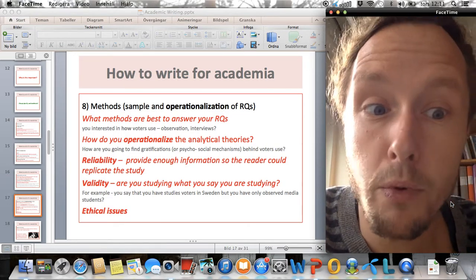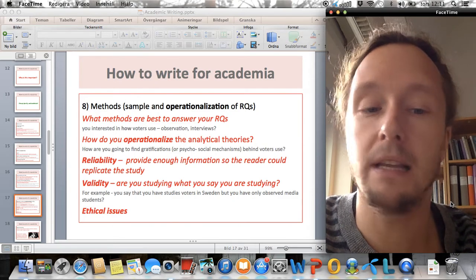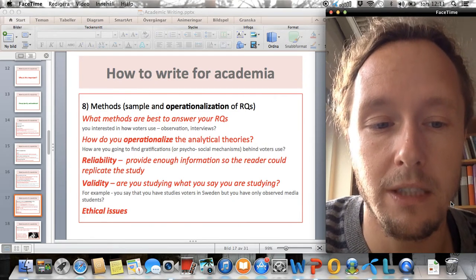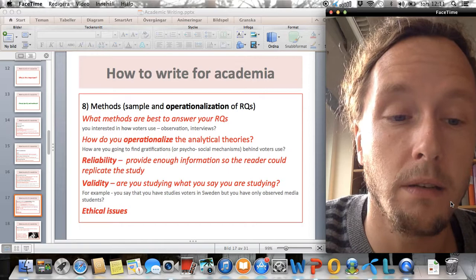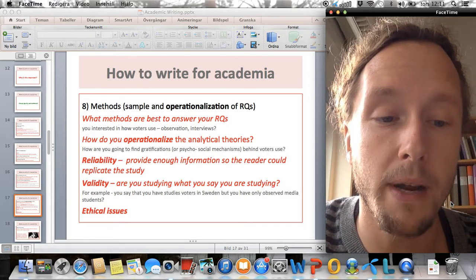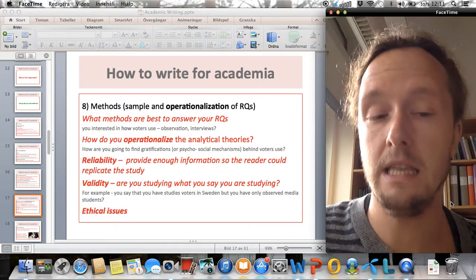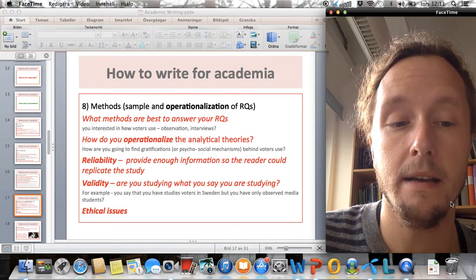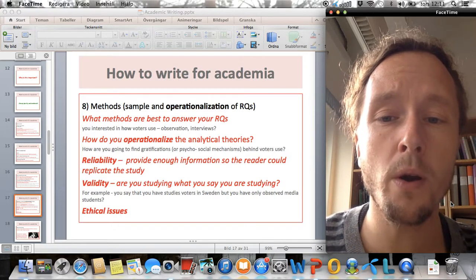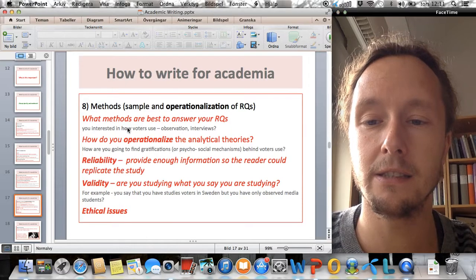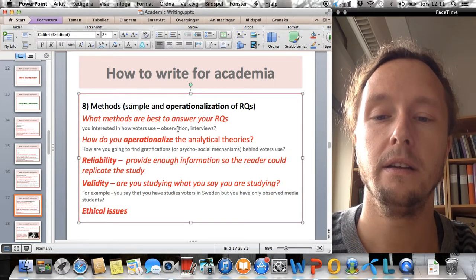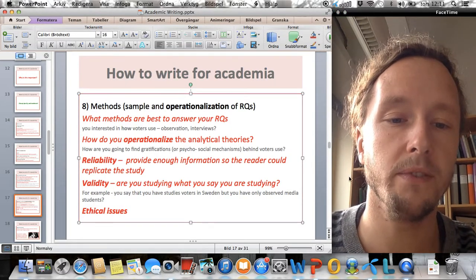That was her idea of how she used it, but it was not how she used it. She used it to hang out with other party comrades, but this was not what she said in the interviews. So if you want to study how, then you have to do observation.